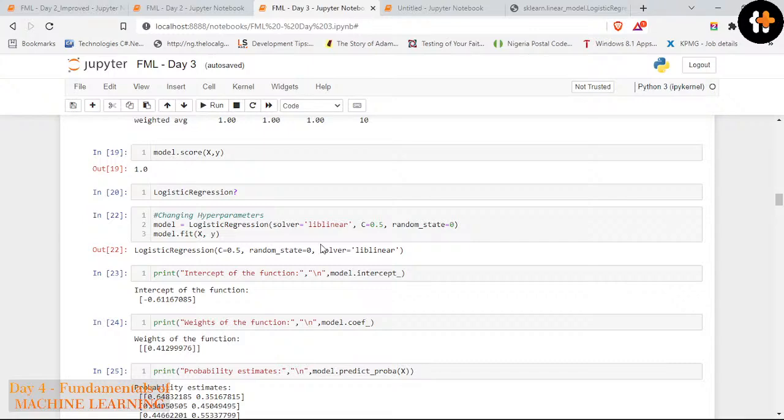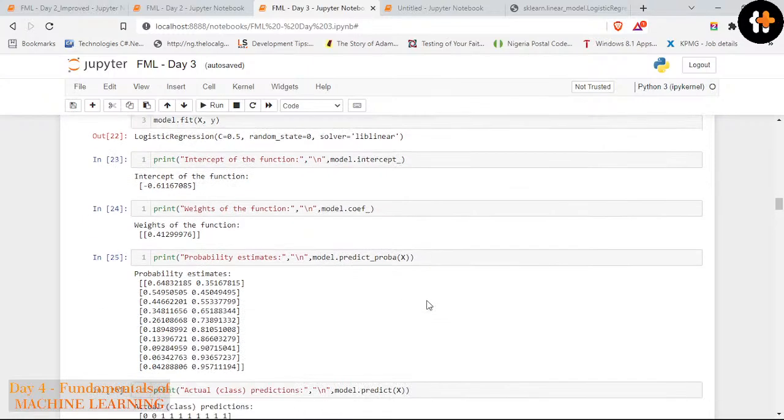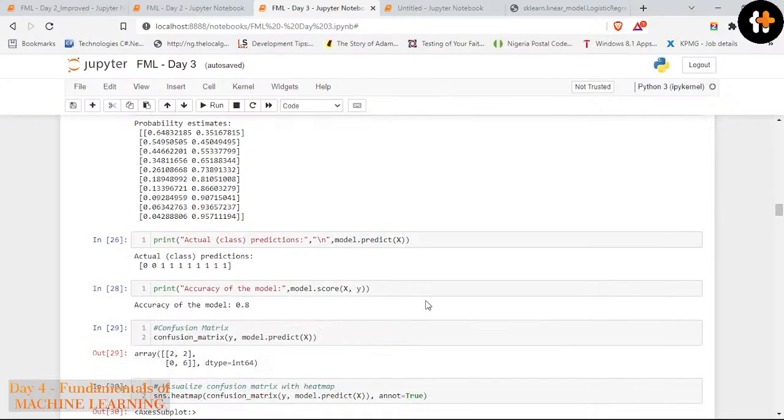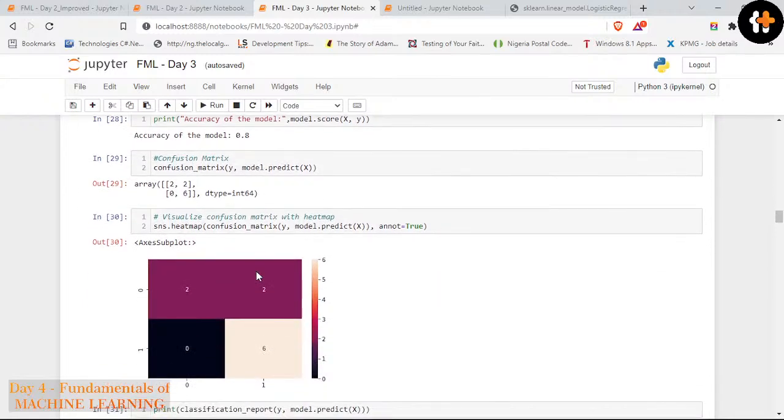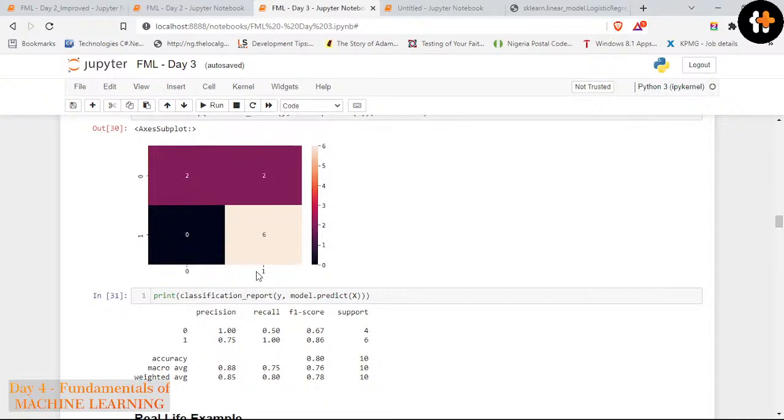Now, when we change the solver, our accuracy dropped to 0.8, which is 80%. And we find out that two values were wrongly predicted in the class they did not belong to.